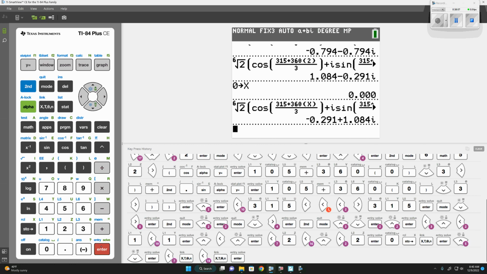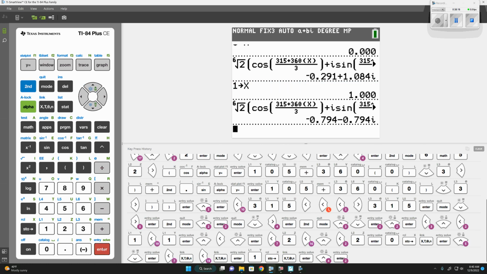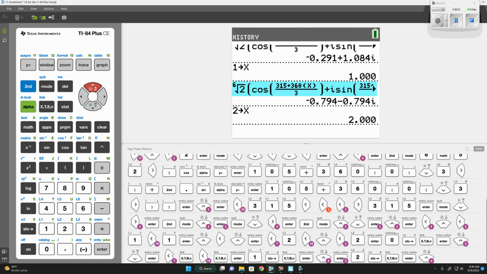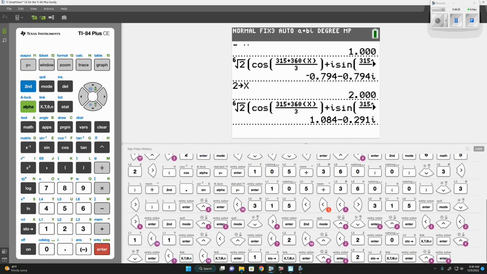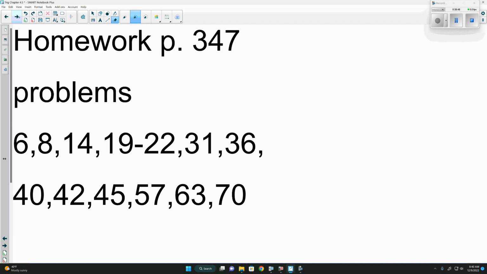Then I can go 1 store x, 2 store x. Another way to do it, it just makes it easier. But that is it. Any other questions on this here? And that is the last assignment of trig.